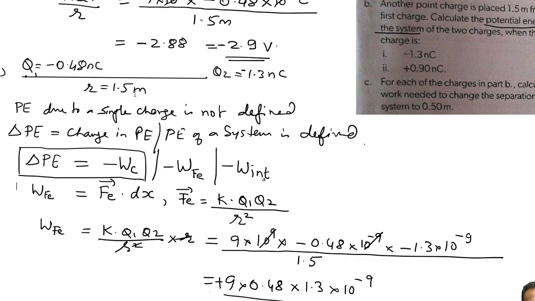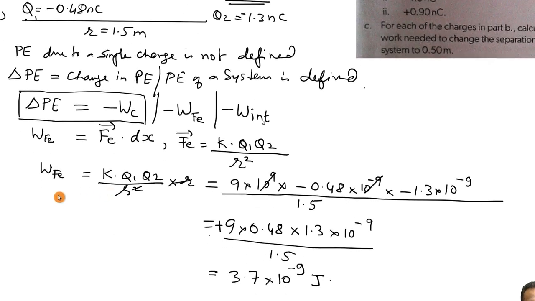Now this work done due to conservative force, that is electrostatic force, we got as positive, but it should be negative. So negative work done due to this Fe, that is electrostatic force, will be minus 3.7 into 10 raised to minus 9 joules.